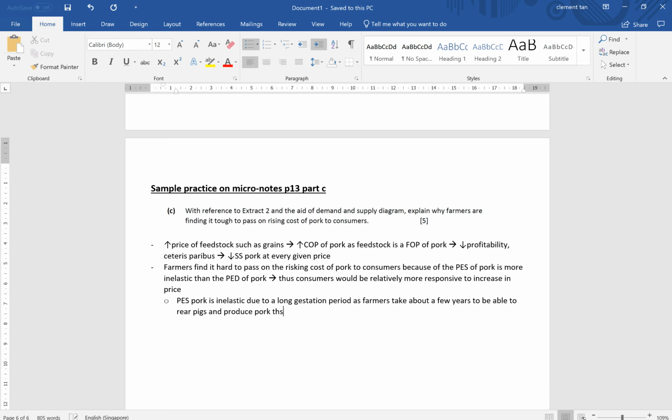Thus they are not able to respond quickly to a change in price.